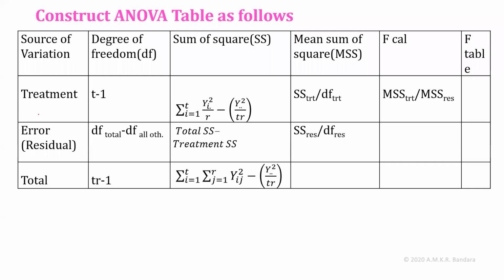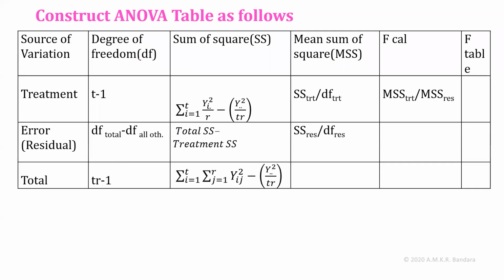In our CRD design, total variability is made up of treatment variability and residual variability. So the source of variation column represents the sources of variability. Then in the ANOVA table, the second column is the degrees of freedom column.